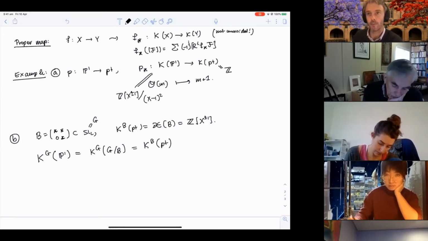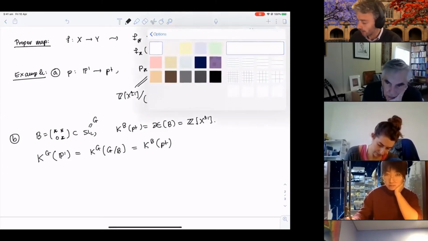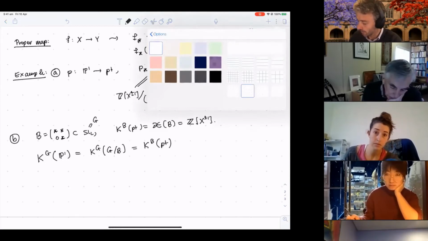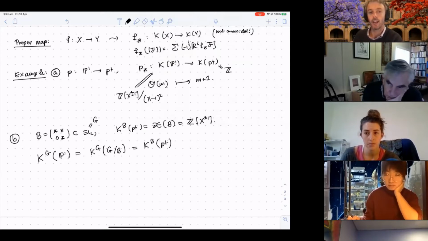So this is this fundamental equivalence between B equivariant things on a space and G equivariant things on G times the balanced product of that.